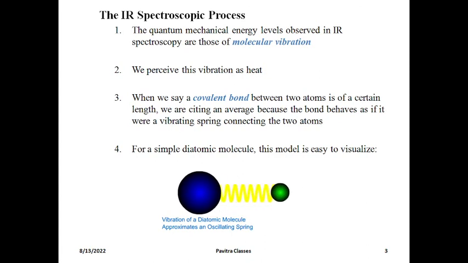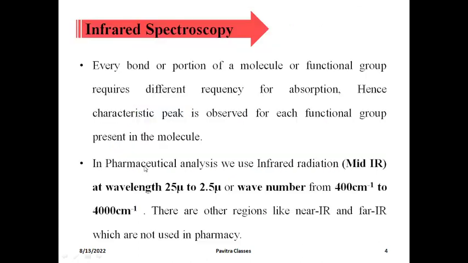This is the natural frequency of vibration of the diatomic molecule. It oscillates like a spring, with a continuous oscillation movement. Whenever this movement is equal to the applied infrared frequency, the IR peak can be generated. This is the natural frequency of the molecule.